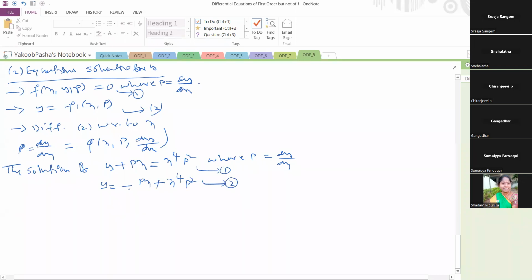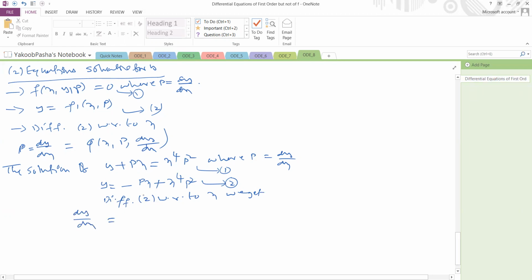Now differentiate equation 2 with respect to x. We get, now y differentiation is dy by dx is equal to minus, here it is the UV method, p into x derivative is 1 plus x into p derivative is dp by dx.